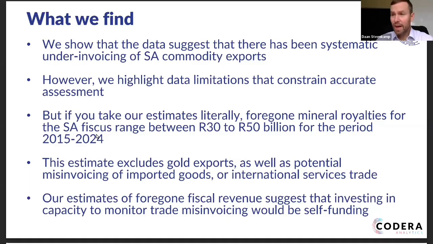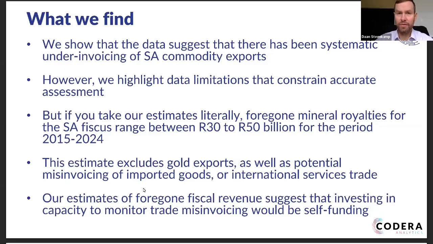So that would presumably completely cover the cost of actually strengthening enforcement mechanisms, and so trying to address potential trade misinvoicing. Of course, our study does not include gold and other categories which may also be prone to misinvoicing.